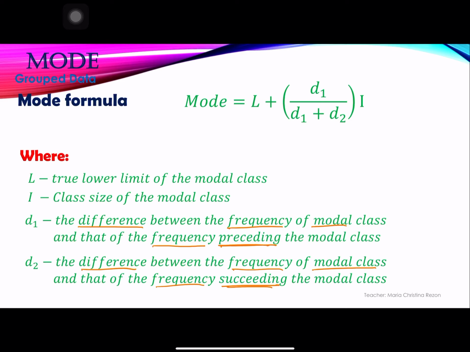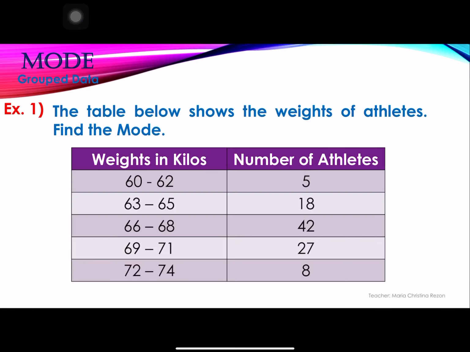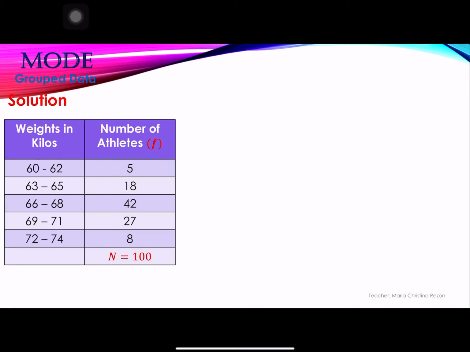Now I will show you how to identify them with our example here. So you have the same data that we had for our median. Weights in kilos is your class interval, and the number of athletes is your frequency.